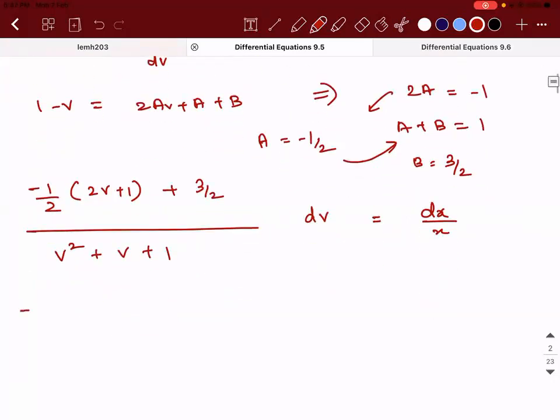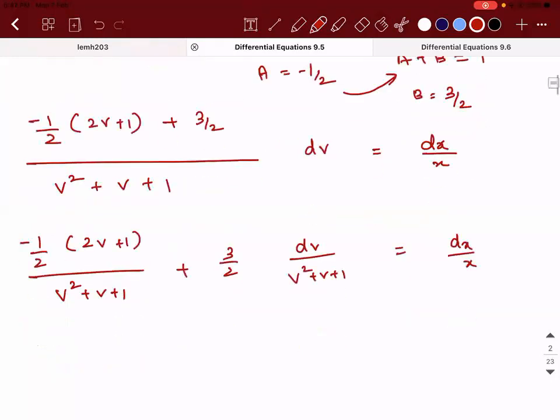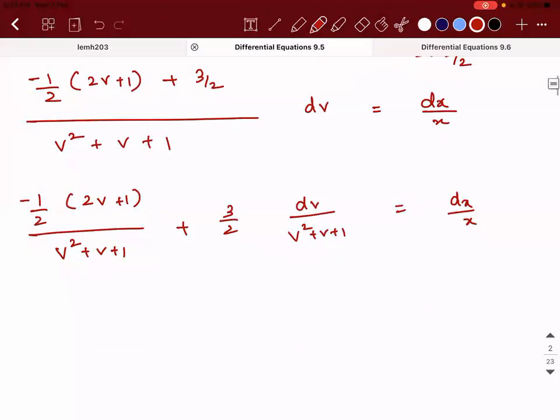So minus 1 by 2 into 2v plus 1 divided by v square plus v plus 1, plus 3 by 2 into dv by v square plus v plus 1, is equal to dx by x. Now I think it is easier to solve.